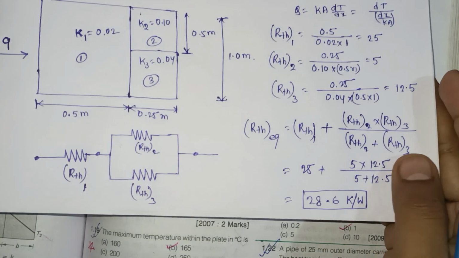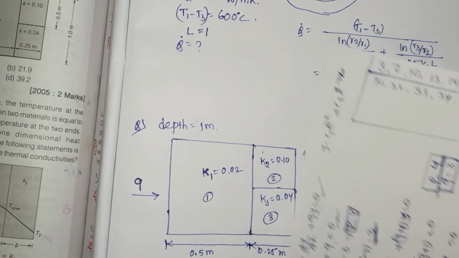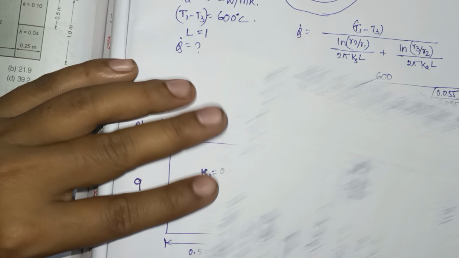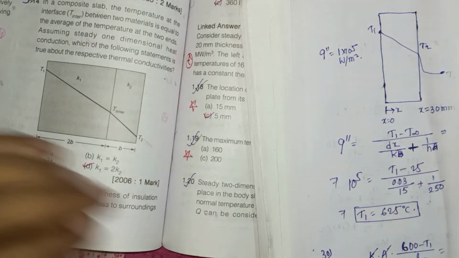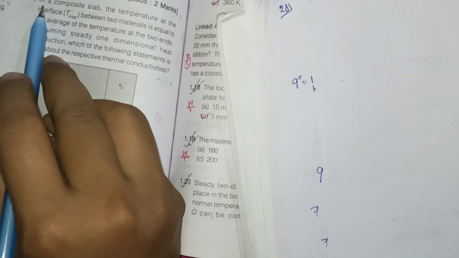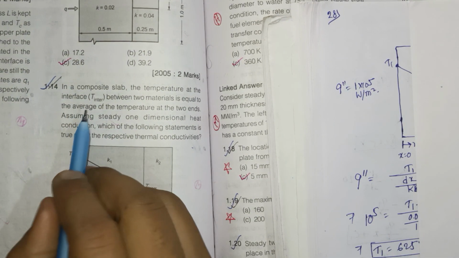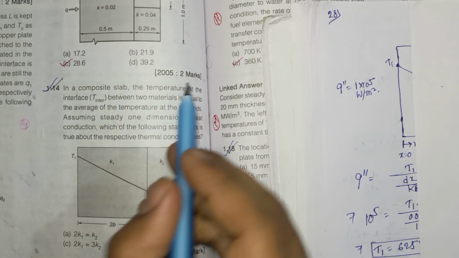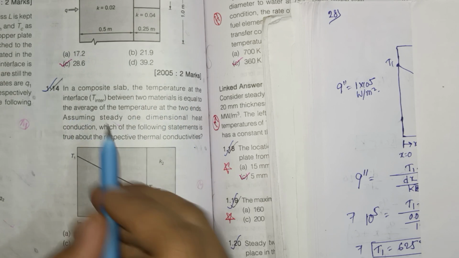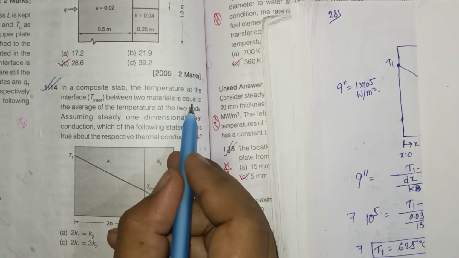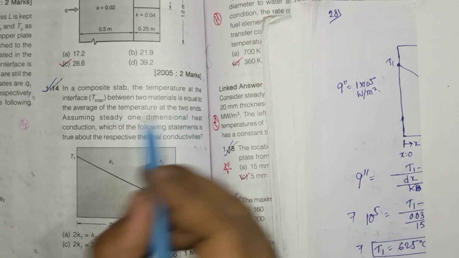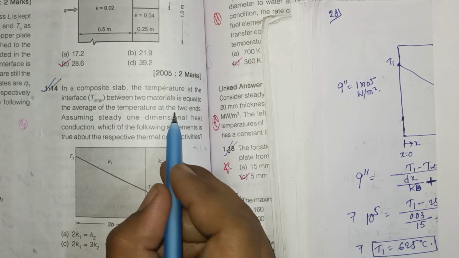Now next question is question number 14. Here 14 is given in a composite slab. The temperature at the interface, T interface, between two materials is equal to the average of the temperature at the two ends.